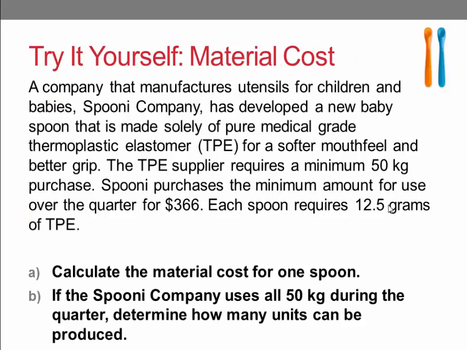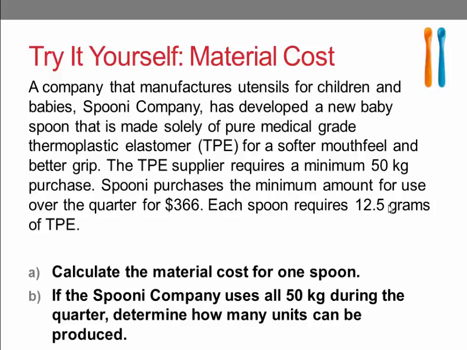So here's a try it yourself problem. You can pause now and figure it out, or I'll read it aloud and then finish it up, take it to class, and you all will go over it there. A company that manufactures utensils for children and babies, called the Spoonie Company, has developed a new baby spoon that's made solely of pure medical grade thermoplastic elastomer, or TPE, for a softer mouthfeel and better grip.